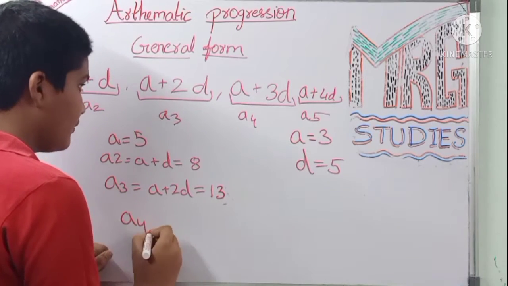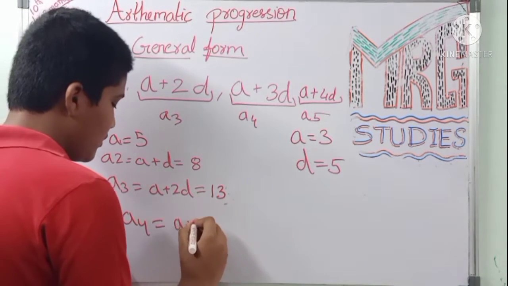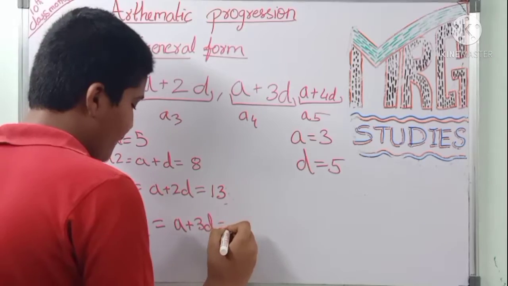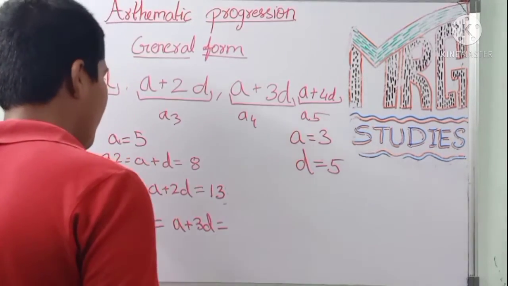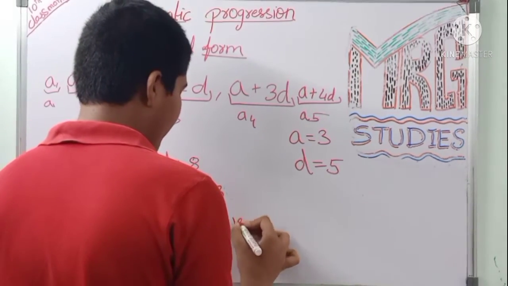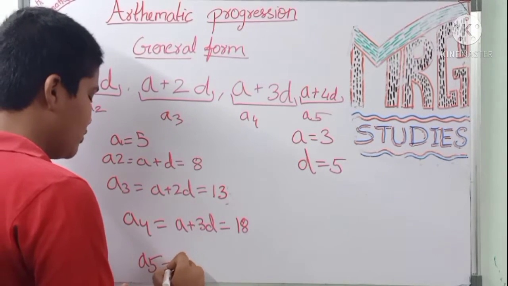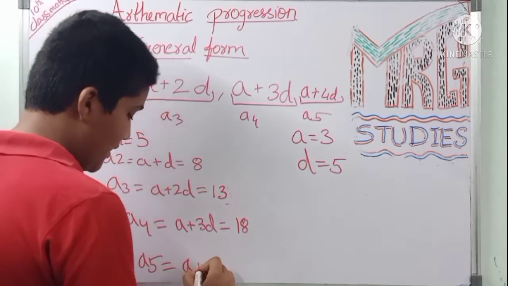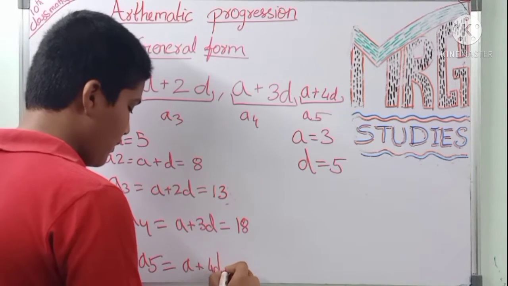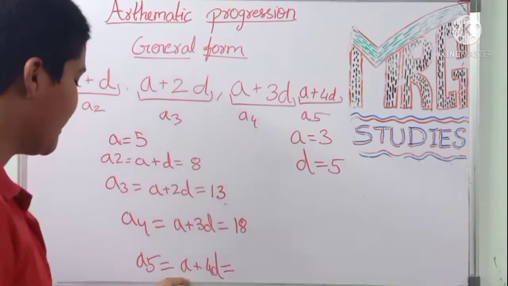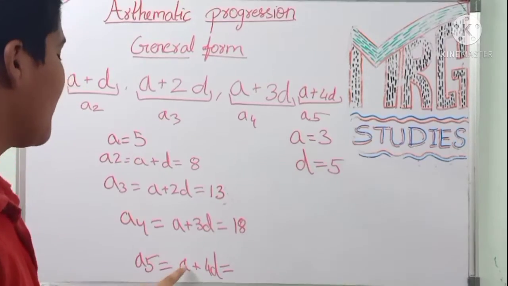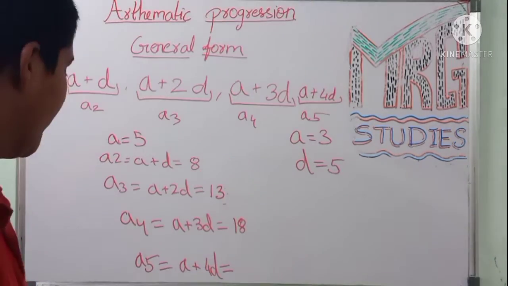And a4 equals a plus 3d equals 18, and a5 equals a plus 4d, so a is 3 and d is 5, and 4 fives are 20, 23.